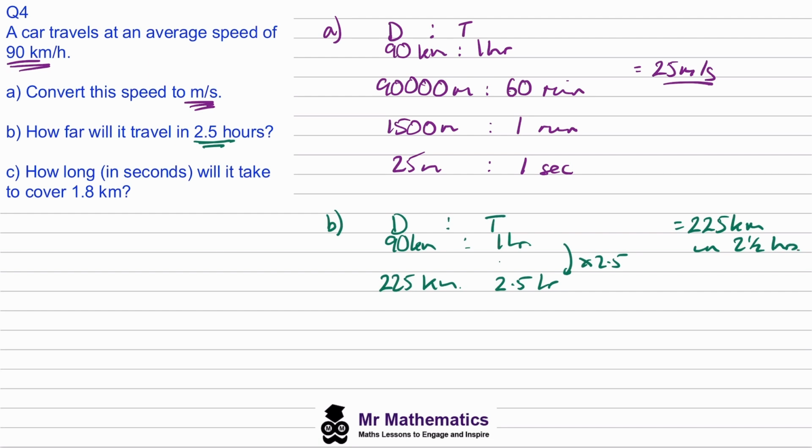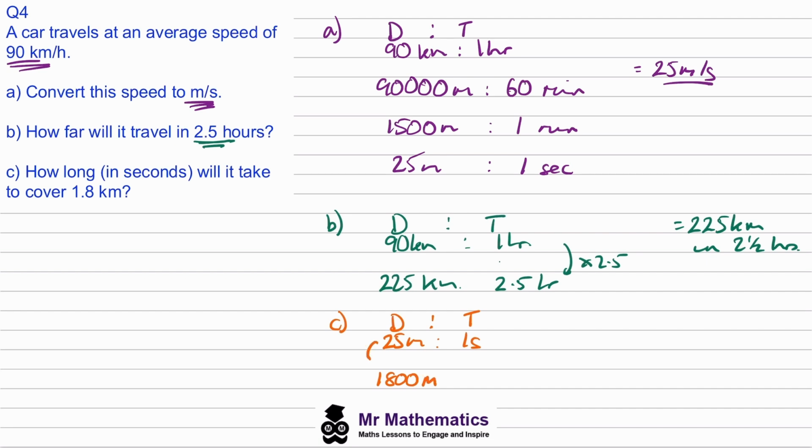And for part C, how long in seconds will it take to cover 1.8 kilometers? So I'm going to use this speed because we've been asked for seconds. So distance to time, 25 meters every second. And we want 1.8 kilometers or 1,800 meters.